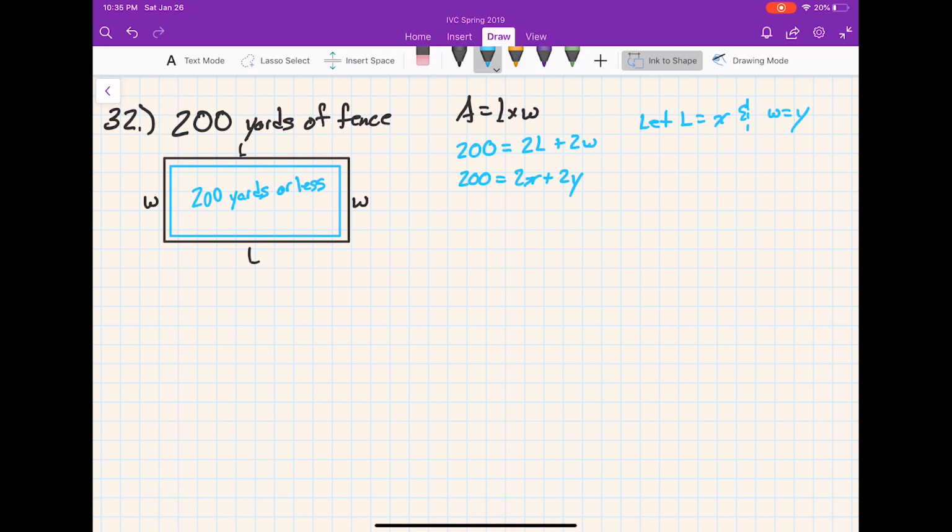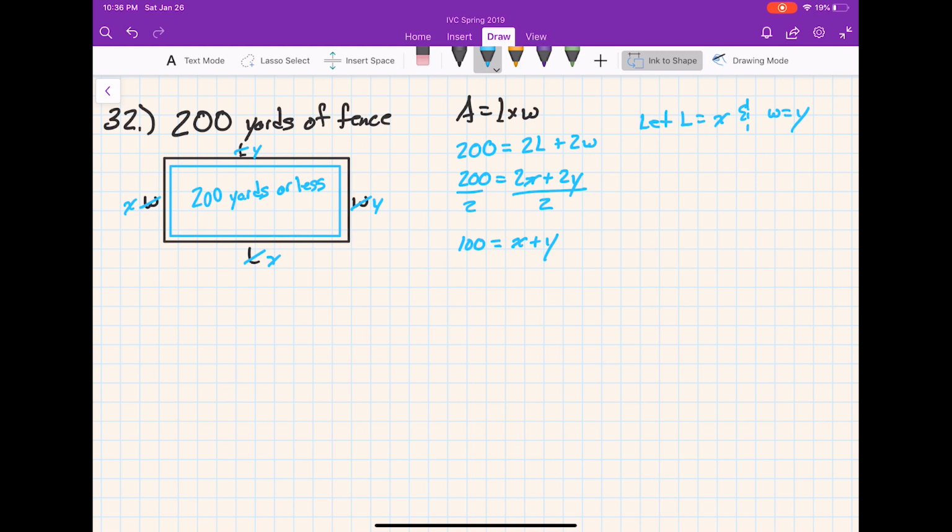All right, so let's divide both sides by 2 and get rid of these 2's here. There we go. Now we have 100 equals x plus y. And then let's set this up to solve for y.